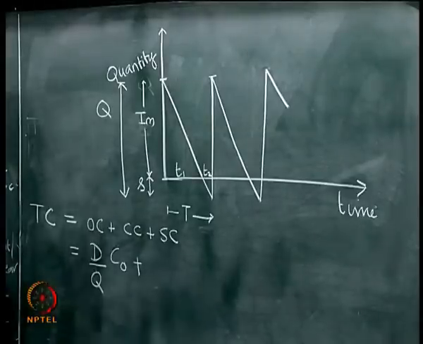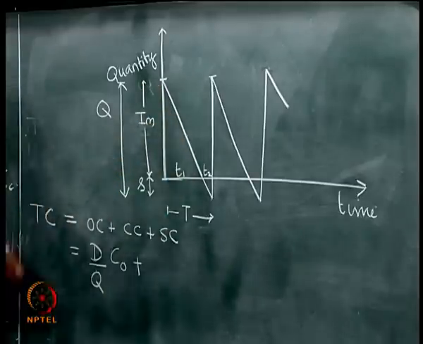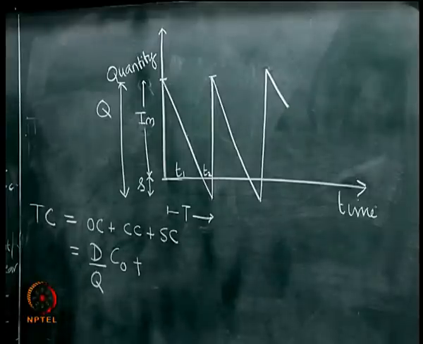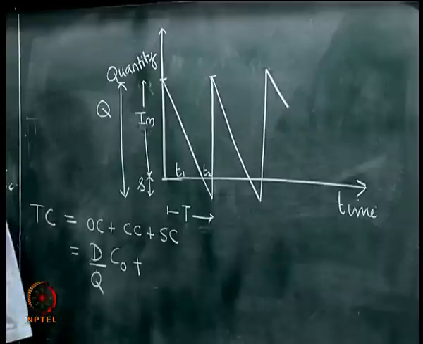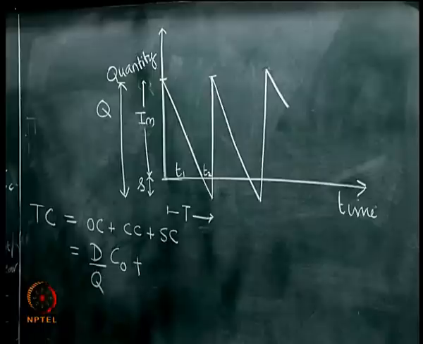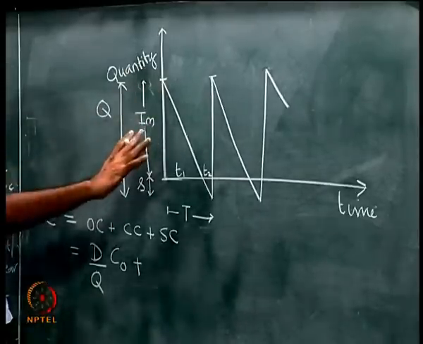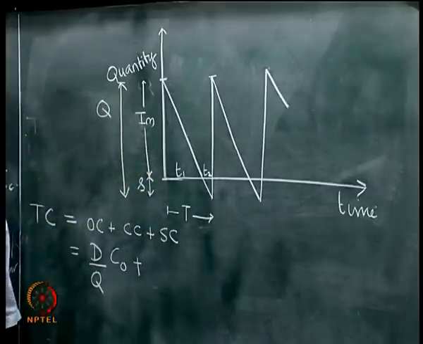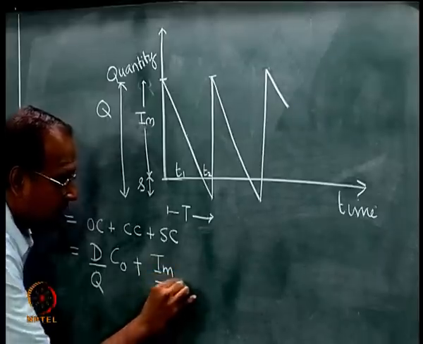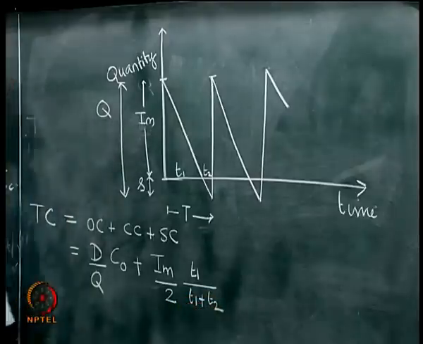The average inventory of Im by 2, just as we got Q by 2 in the earlier model, is held for a period T1. An average inventory of 0 is held for a period T2. Therefore, the average inventory at any point will be Im by 2 into T1 by T1 plus T2.